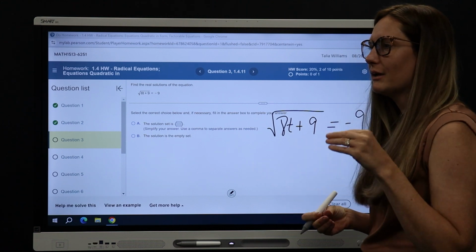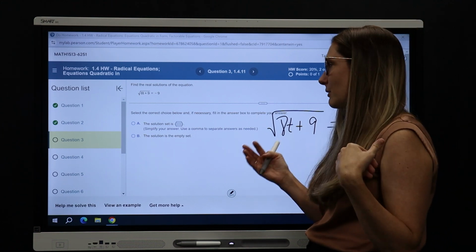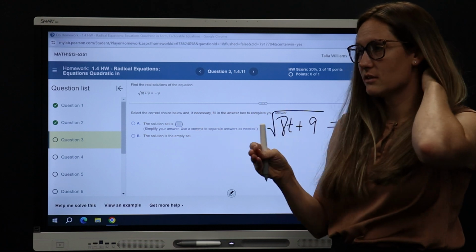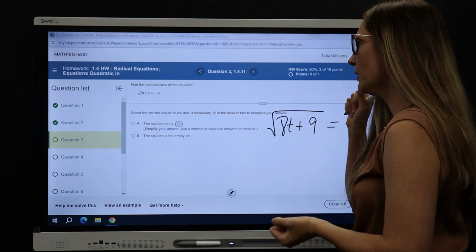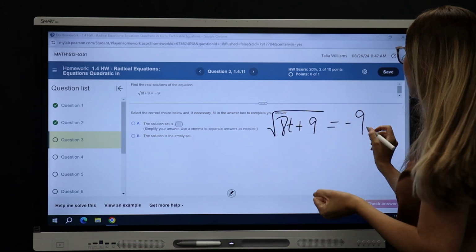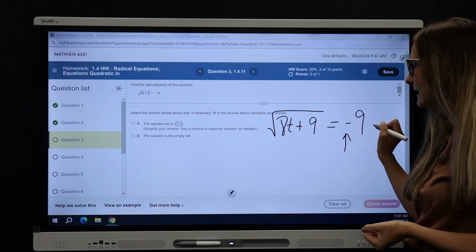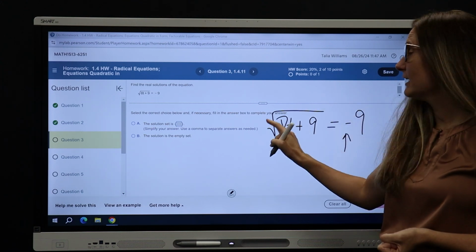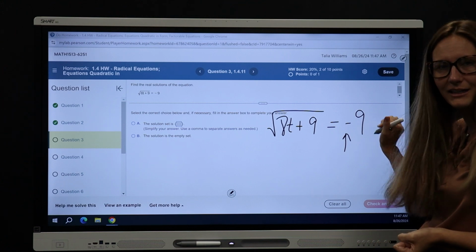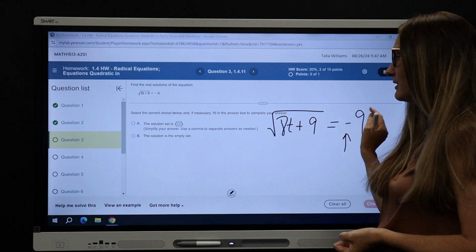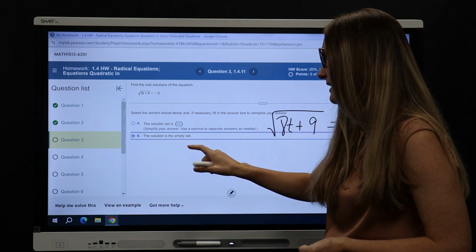So there's no way we would have a negative come out from under a square root, because the inverse of that is not true. I say all this to say right here isn't possible. If I take the square root of something, I get an i, not a negative. So this one is empty set.